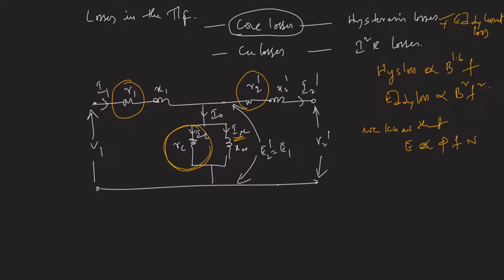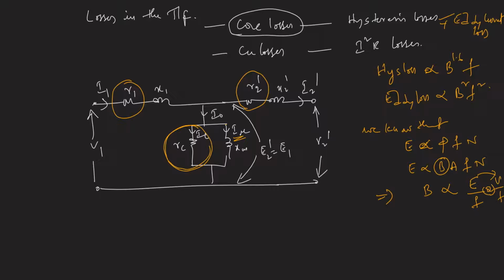If I represent this flux in terms of B, this is proportional to B times A F N, right? So what is B here? I can say B is proportional to E by F, or approximately V by F.